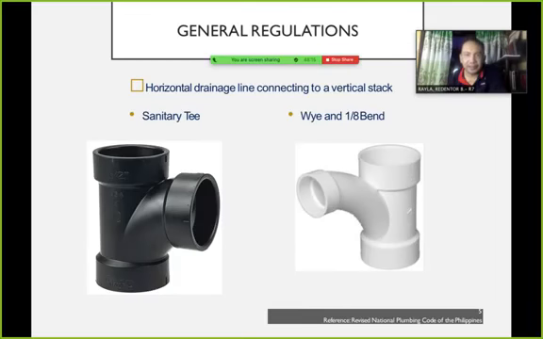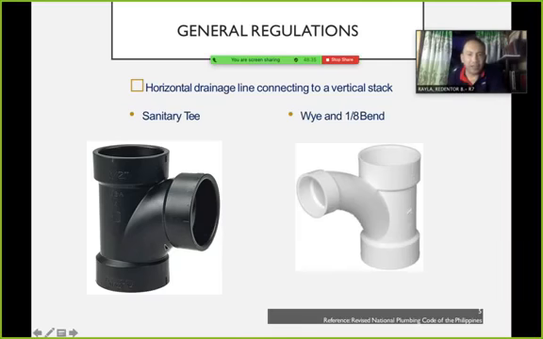Okay, next. Another general regulation, horizontal line to horizontal line. This is a recommended fitting.